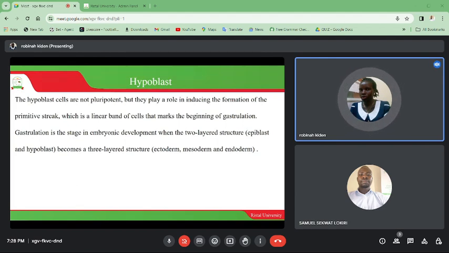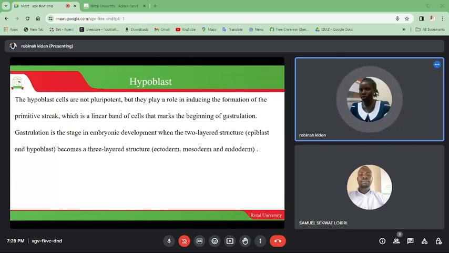Let us get to know what it means. It is the stage in embryonic development when the two-layered structure, that is the epiblast and the hypoblast, becomes a three-layered structure, which is the ectoderm, mesoderm, and the endoderm.